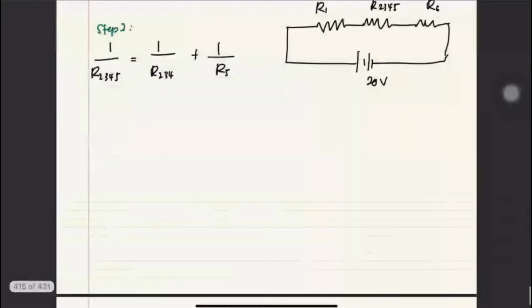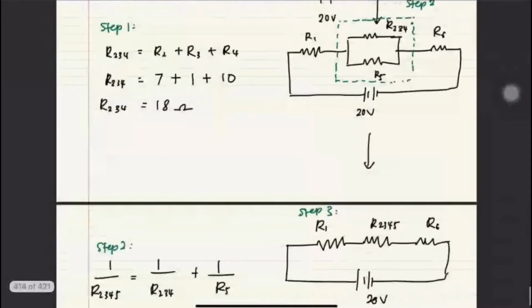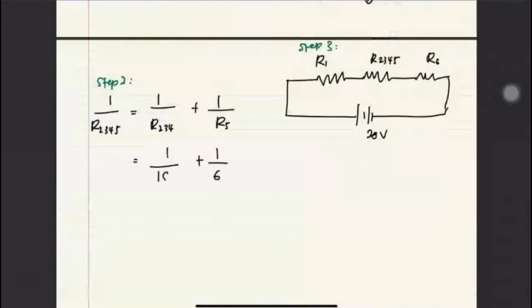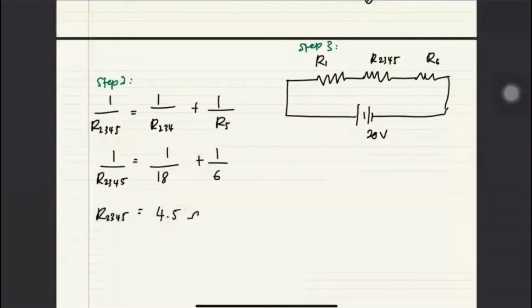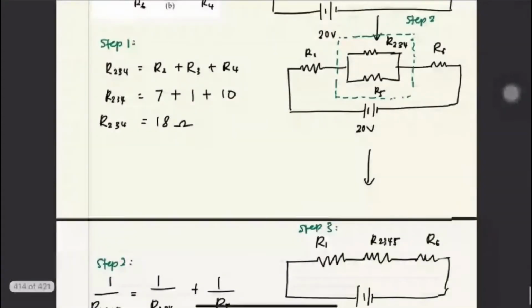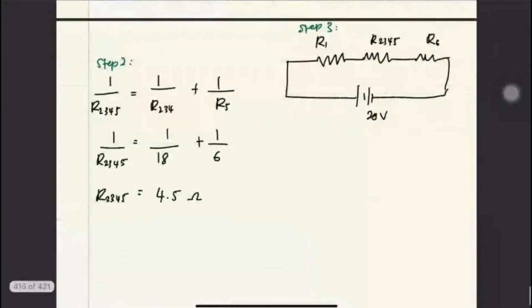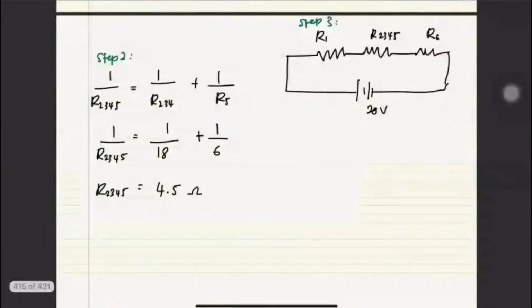So 1 over 6 plus 18. So R2, 3, 4, 5 would be equals to 4 over 18, 9, 4.5. Agaknya lah, kau baca lah. 4.5 ohm. And then the last step. Betul, sir. Bawah ni. Betul. Okay. And then step 3.